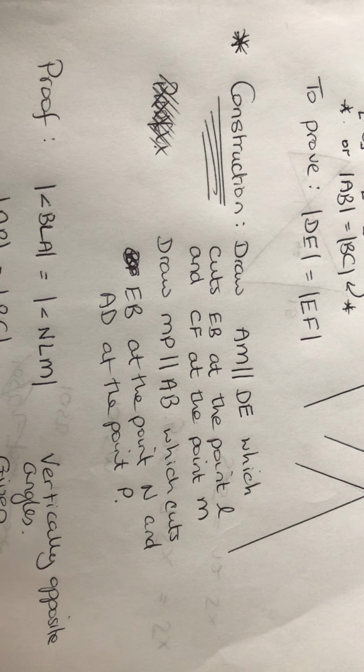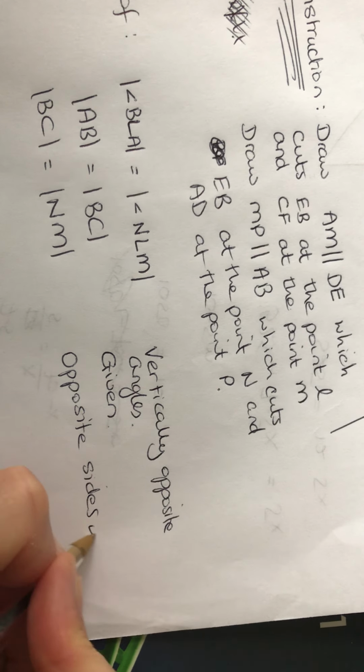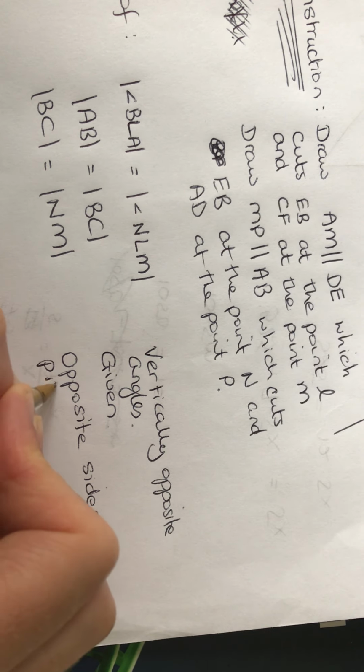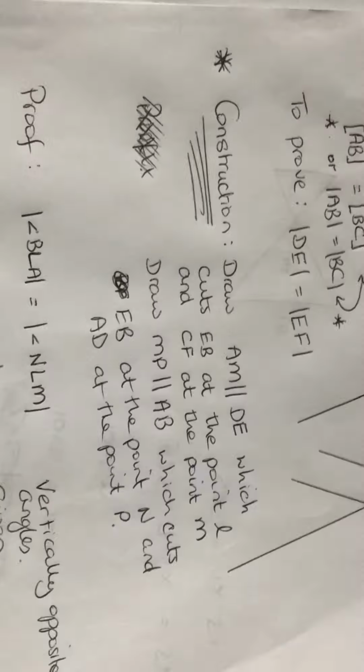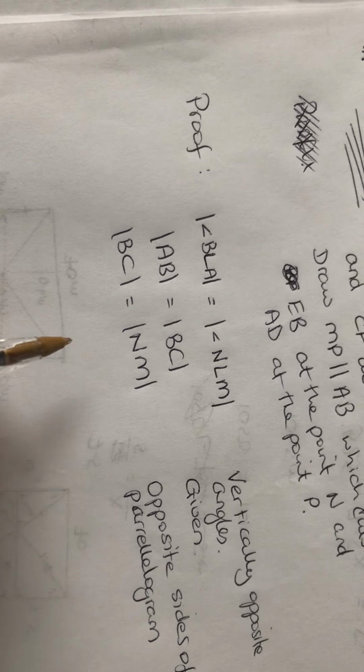Now you can do this in a different order. I actually think the book is probably doing it in a different order to me. But as long as you explain yourself clearly, write it all mathematically, do it as clearly as possible.